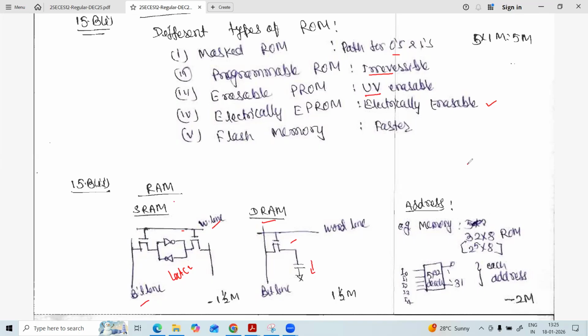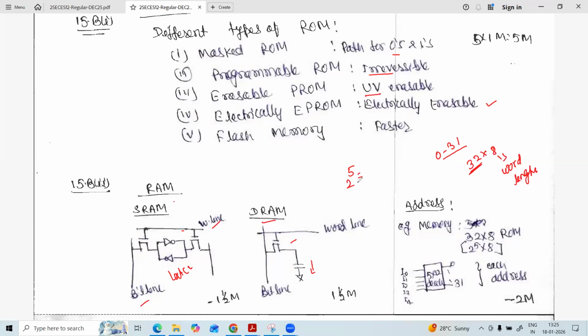Here one example is taken: if ROM size is 32 cross 8. So 32 cross 8 shows that it has 32 address locations, meaning it will go from 0 to 31, whereas it has a word length of 8 bits. The second one represents the word length. Now how do we get this 32? This 32 is 2 to the power 5.